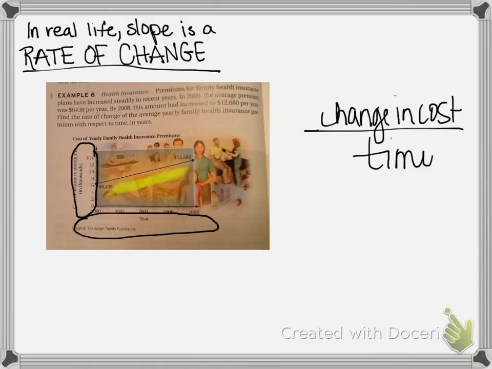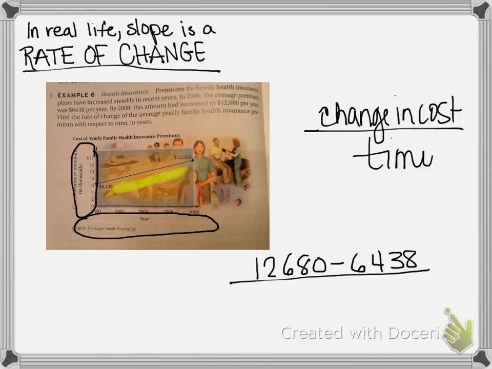And that'll be my slope. And the slope will represent the rate of change of the insurance over time. So let's find the change in cost. That's 12,680 minus 6,438. That's going to be the difference in cost.